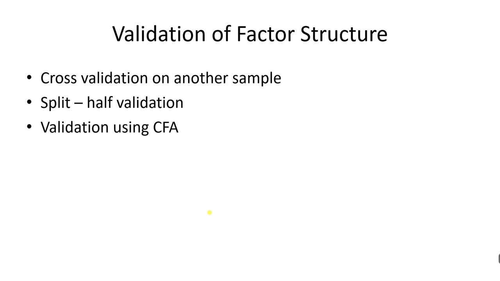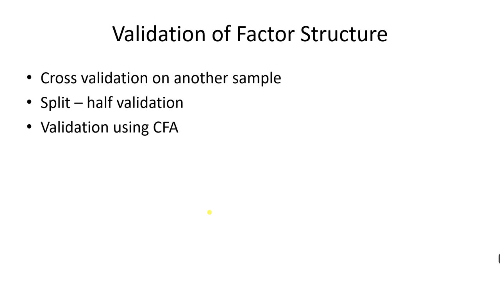Another way is split half validation. If you do not have time or money to do that, then you do the factor analysis on a randomly selected half of the sample and then validate it on the other half of the sample. And if the solutions are converging, having some congruence, then we can say that the factor structure is valid.